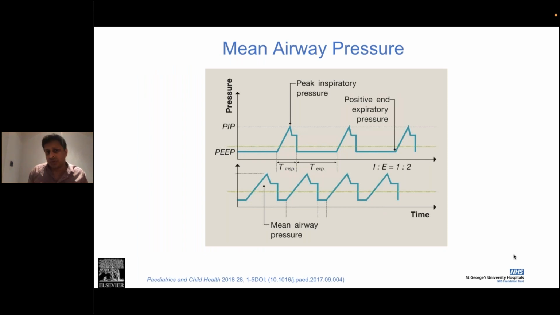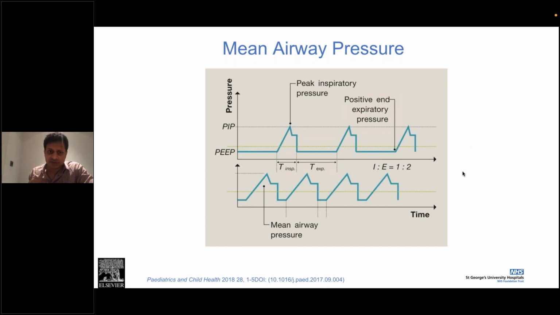It is also important to have a rough idea of what mean airway pressure means. As far as possible, try and concentrate on this number displayed on the ventilator. It's a complex measurement that factors in your positive inspiratory pressure, your positive end expiratory pressure, your I time, and the rate.